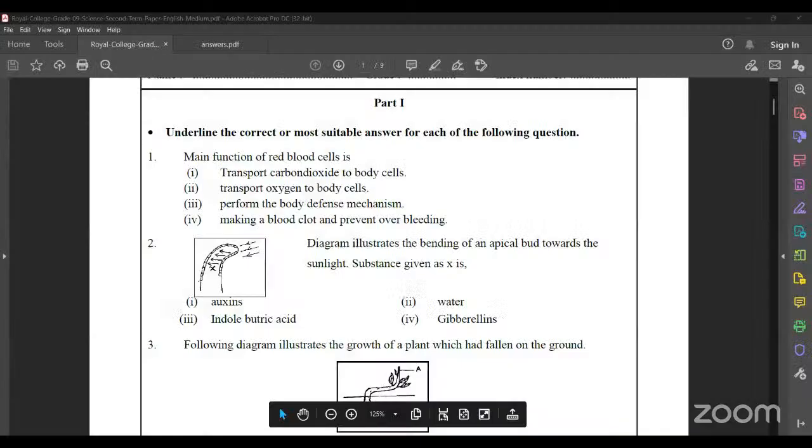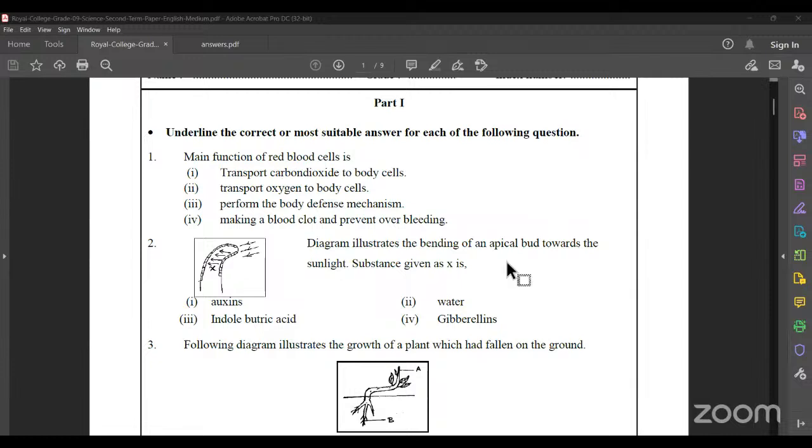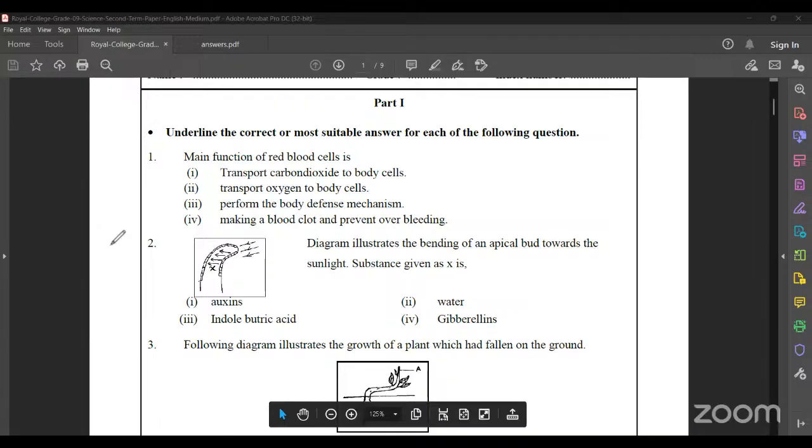I think the other person left the Zoom meeting. So the second question: the diagram illustrates the bending of an apical bud towards the sunlight. The substance given as X is, you can see the sunlight rays coming towards this apical bud.